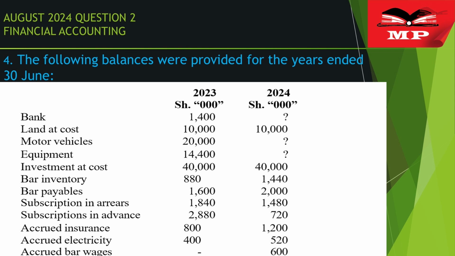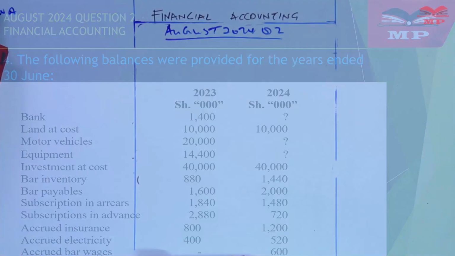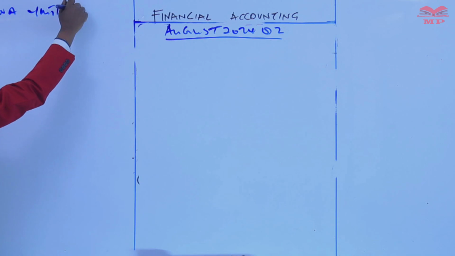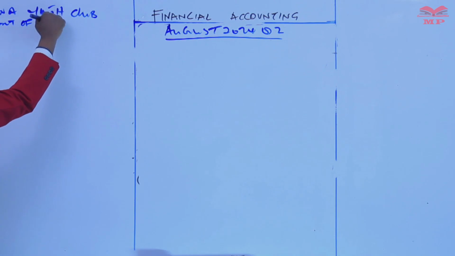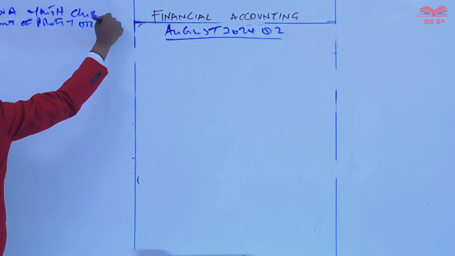Yes. So let's now do this. This is Vijana Youth Club, Part A. So we need to do the bar statement of profit or loss for which year?